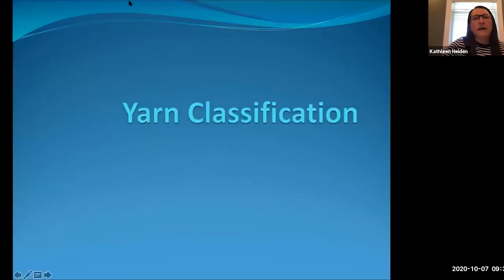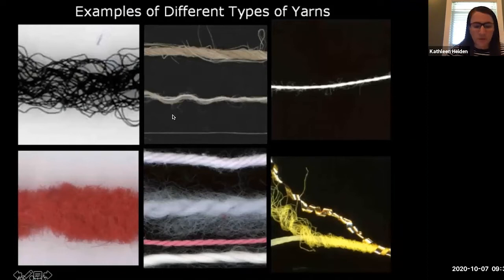So if we look at yarn classifications, what does that actually look like? Yarns can be classified and identified in several ways. As we classify them, we look at the fiber length, the twist, the size, the yarn regularity or irregularity along its length.